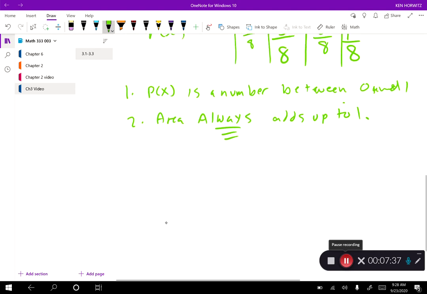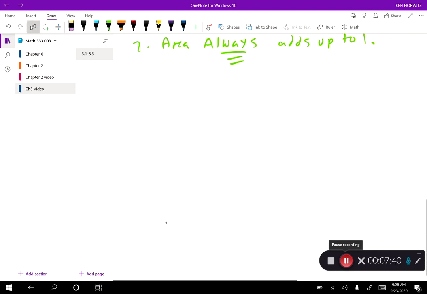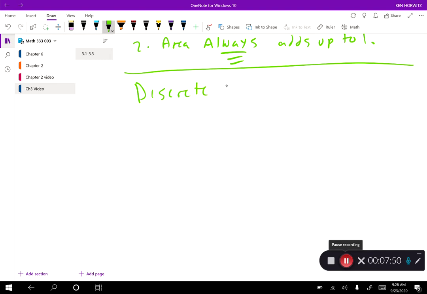Now there are a variety of different types of probability distributions. The first type is called a discrete uniform distribution. And I'll give an example of rolling a die.